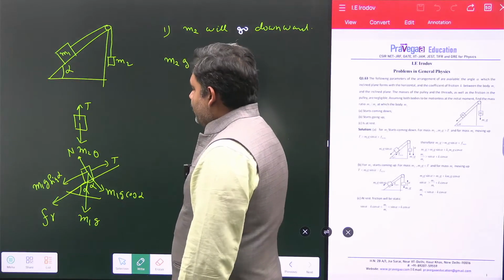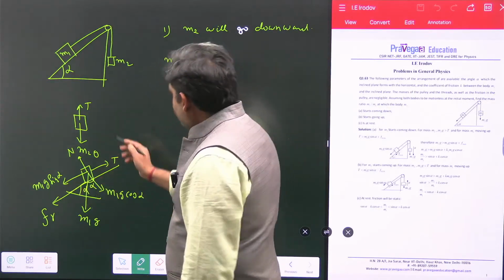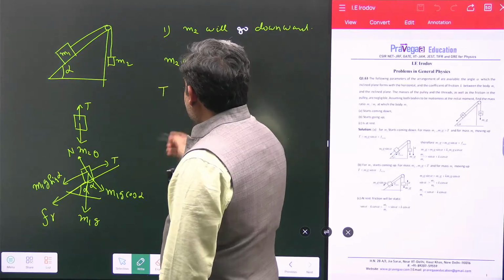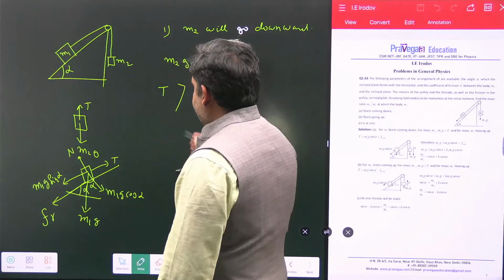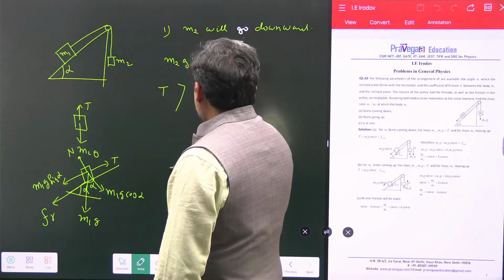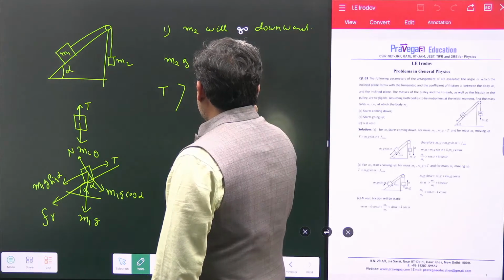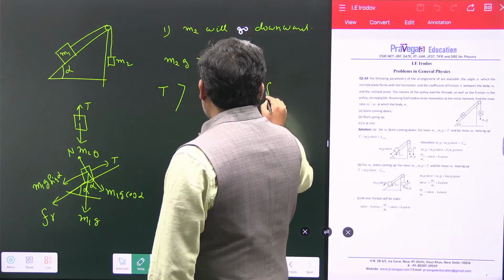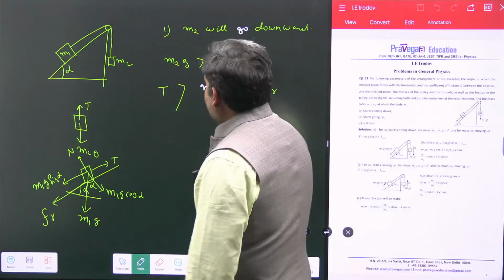So for this, we can write that the tension must be greater than m1g sin alpha plus the frictional force. And what will be the frictional force?